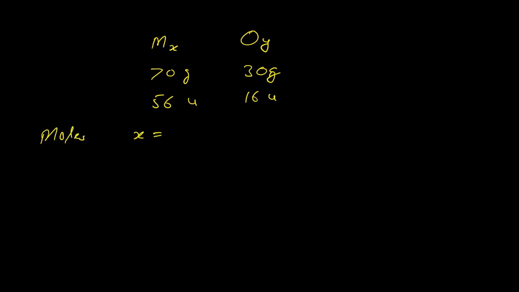Here X will be 70 by 56, Y moles will be 30 by 16. When I simplify these, I'm just using a calculator. You should use your copy and pen. 70 divided by 56 will give you 1.25, and 30 divided by 16 will give you 1.875.